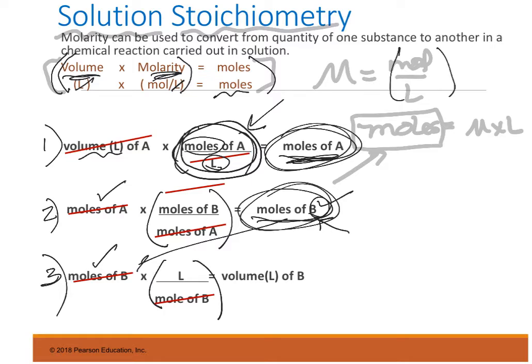In this case, you'd have to put molarity upside down, 1 over molarity, so that the units cancel on the diagonal, and then finally you would have volume. So let's look at an actual problem.